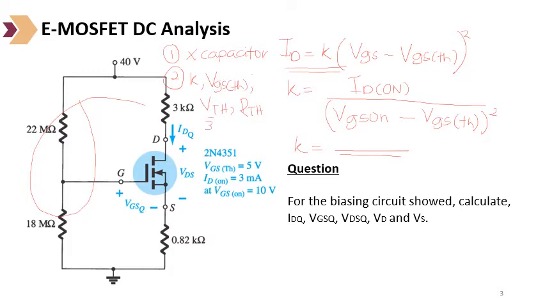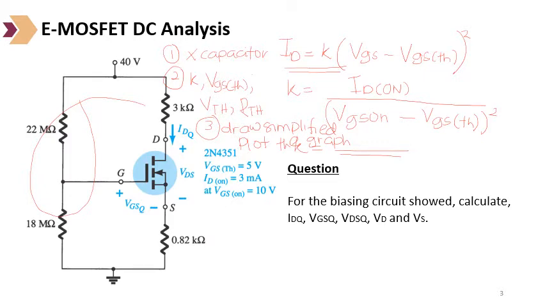After that, you have the choice whether you want to draw the simplified circuit, or you can plot the graph. You have the choice. After this I will show you how to solve this question.